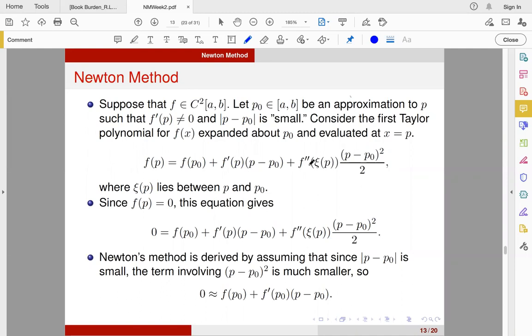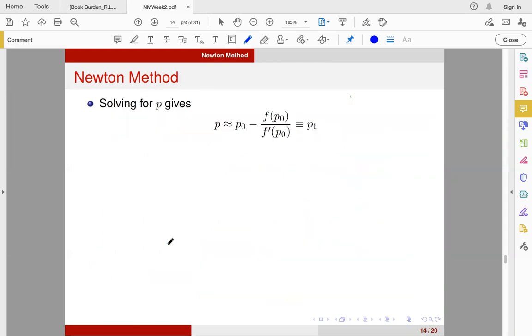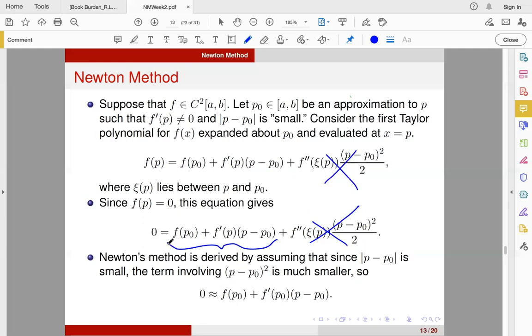And because we omit this term since it's really, really small, we can approximate the following: 0 is approximated using f(p0) plus f'(p0) times (p minus p0), remaining this term. And then solving for p. You multiply this out, or you don't have to.